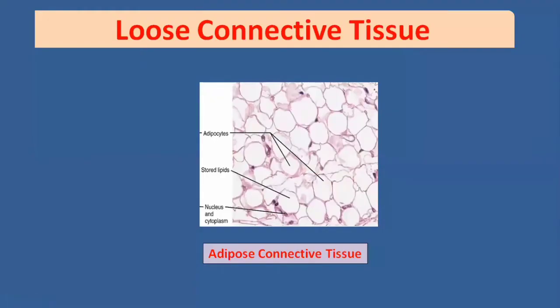The other type of loose connective tissue, adipose connective tissue, is made up of adipocytes. These adipocytes contain lipids. Adipose connective tissue is of two types and contains fats. These are the storage for lipids, meaning the fats are stored in these adipocytes.